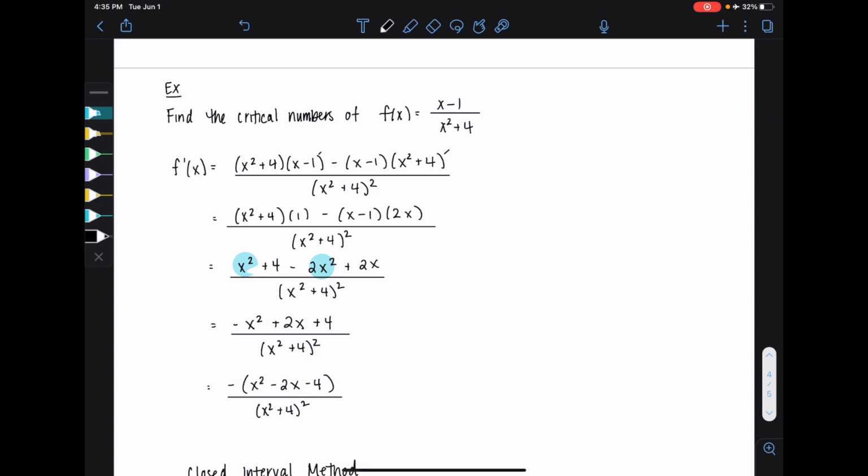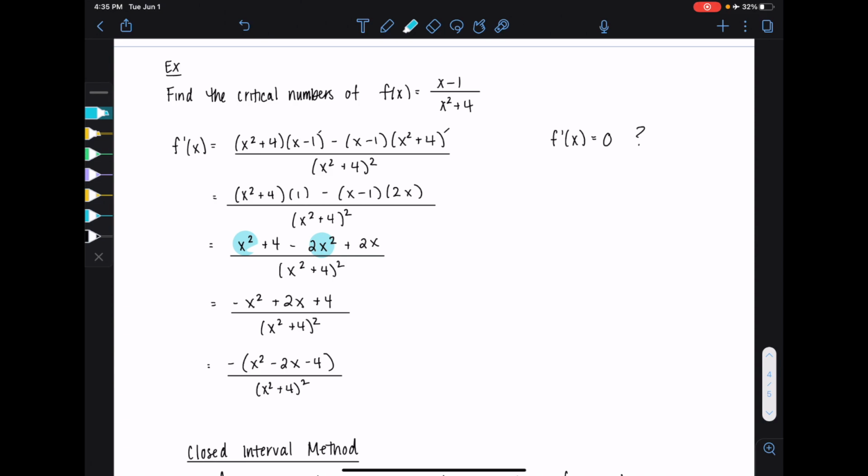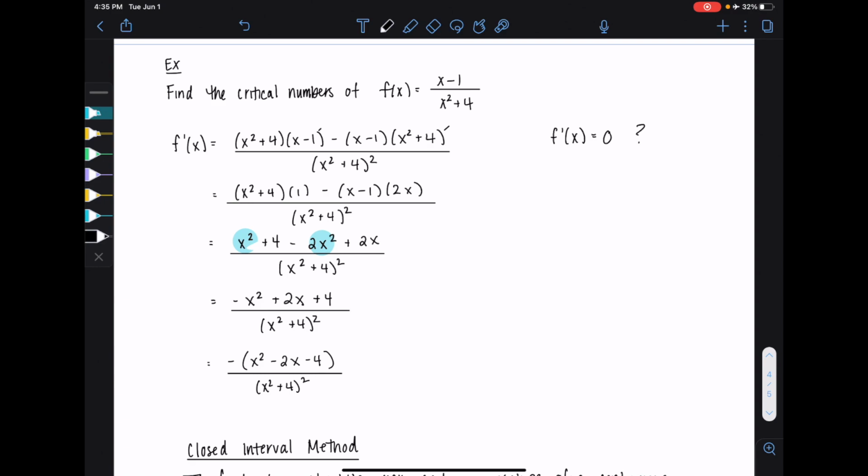So we need two things. We need to see where does this derivative equal 0, so for what x values. The only way this fraction can possibly equal 0 is if the numerator equals 0. So to solve this, you could go ahead and set the whole thing and then cross multiply.